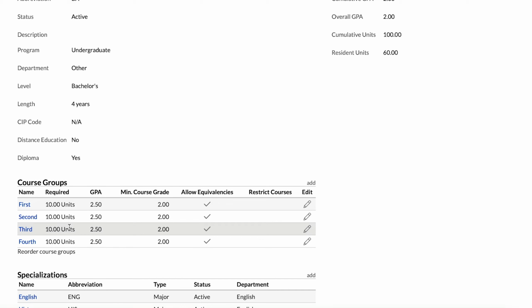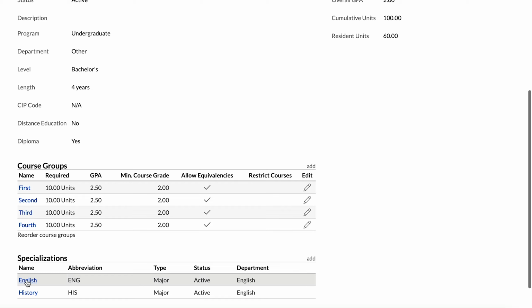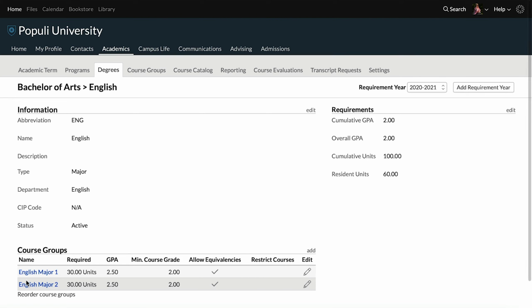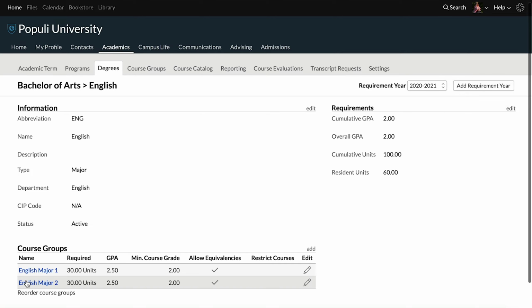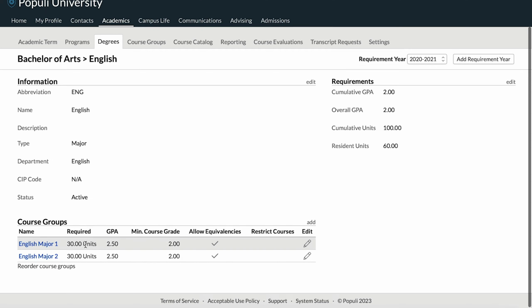So that's what's common in our hypothetical situation here for all the majors for this Bachelor of Arts degree. So the bachelor's degree will only contain course groups that require those 40 credits. And then beyond those credits, the course requirements are on the specialization for their major. So the majors in this situation have requirements for 60 credits that a student must earn to get their degree.